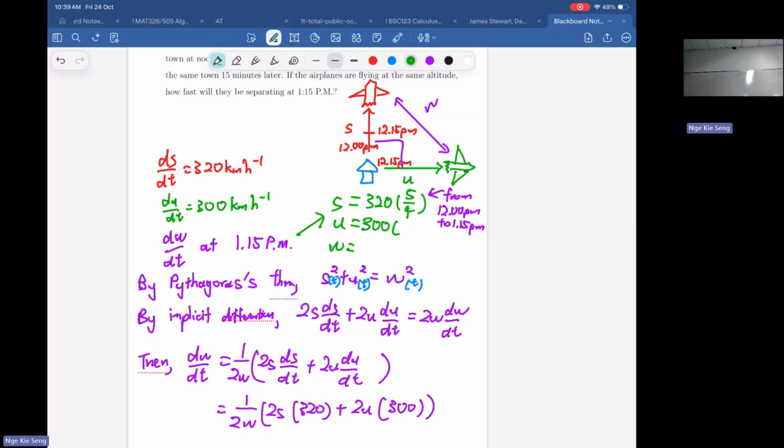So between 12:15 and 1:15, just 1 hour. So you should take 1 here, because this is from 12:15 p.m. to 1:15 p.m.